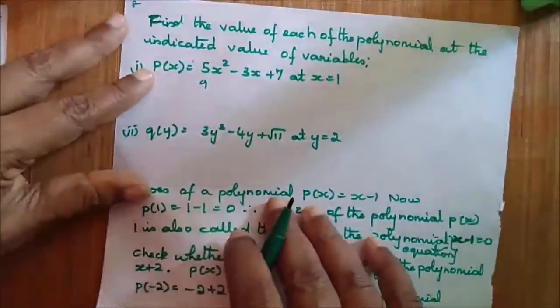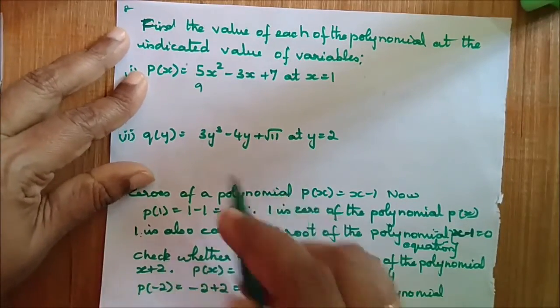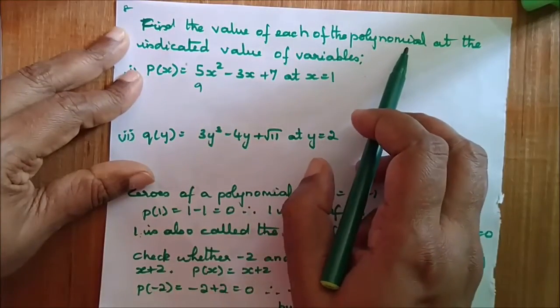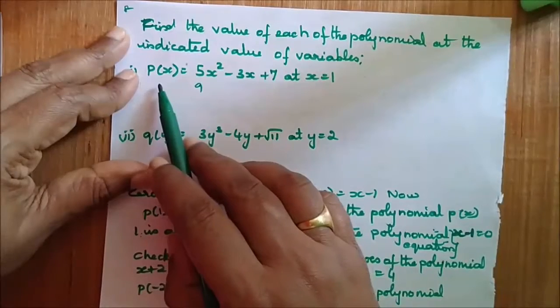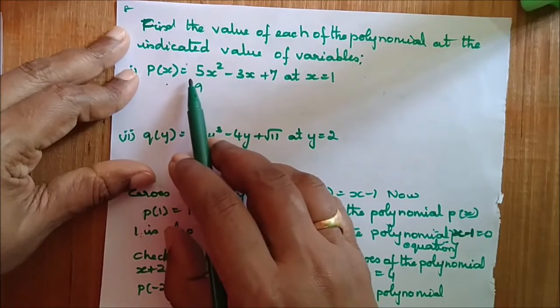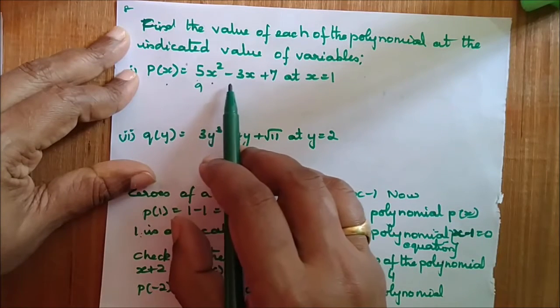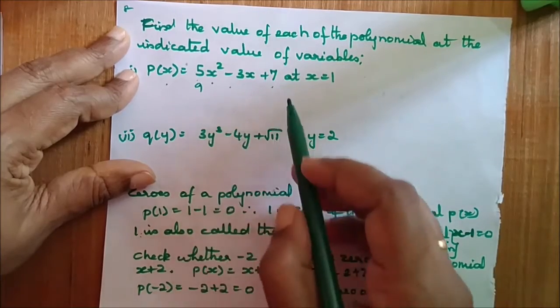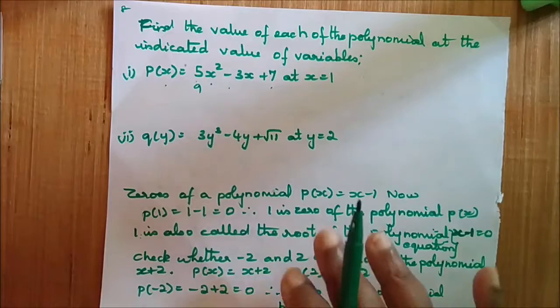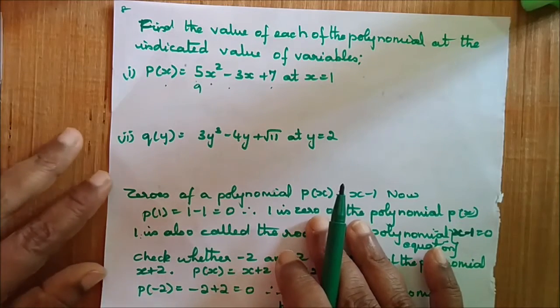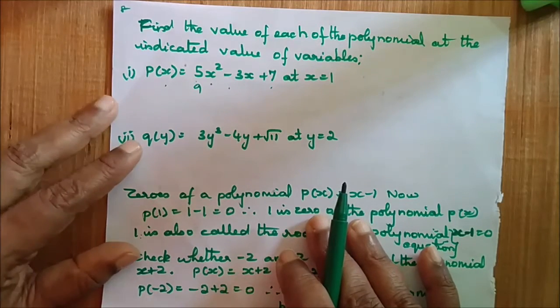Okay. Now let us see certain problems. Find the value of each of the polynomials at the indicated value of the variables. Suppose we are given p of x is equal to 5x squared minus 3x plus 7 at x equals 1. That is, you have to find the value of this polynomial when x takes the value 1.